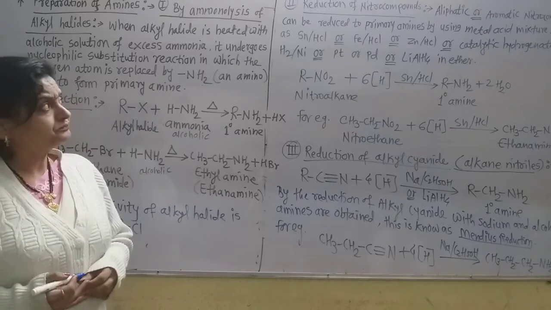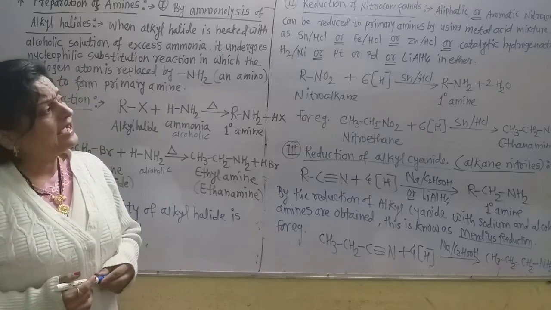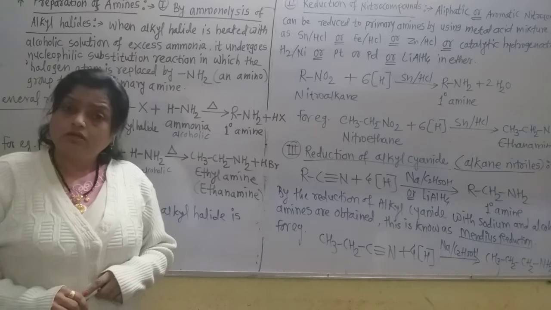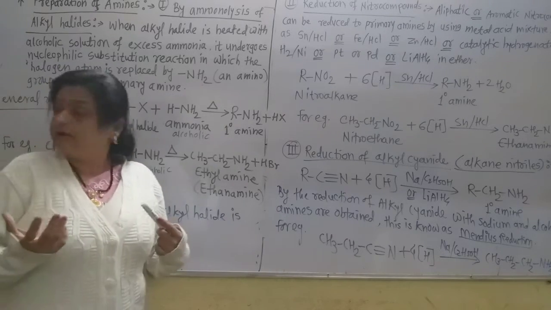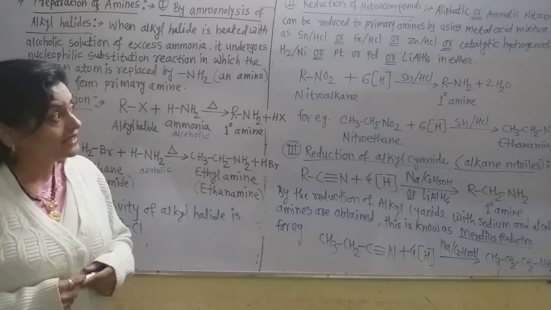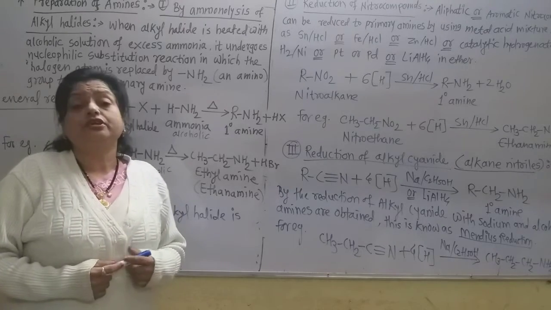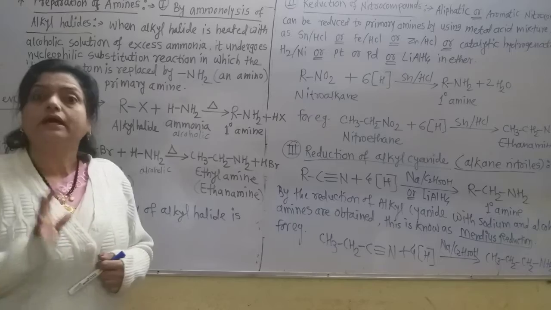Now see which are the reducing agents. Stannous tin in the presence of HCl, or zinc in the presence of HCl, or catalytic hydrogenation also gives the primary amines if they are used for the reduction.